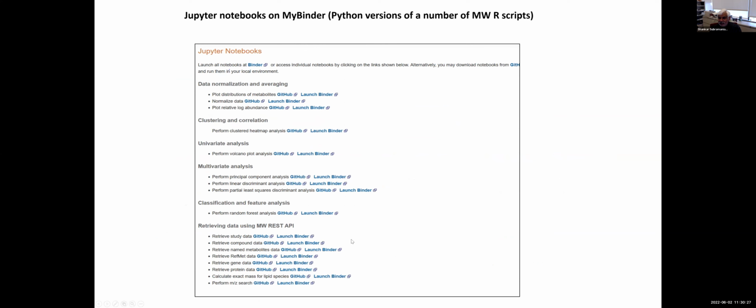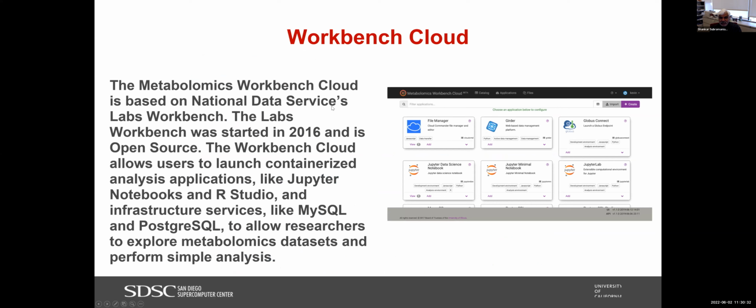So the Workbench Cloud is based on the National Data Services Labs Workbench. This was started in 2016, thanks to our collaborators in the San Diego Supercomputer Center, who are part of the Metabolomics Workbench. They helped us in terms of building this Workbench Cloud. The Workbench Cloud allows you to navigate in a very easy touch format all the tools that are available.